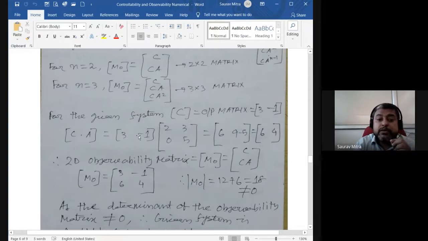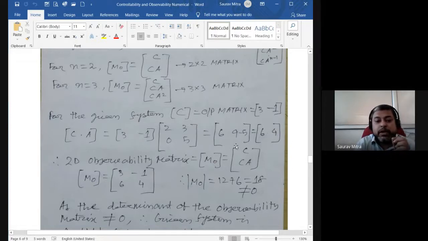If you multiply them, the result will be 1 cross 2, that means 1 row, 2 columns.